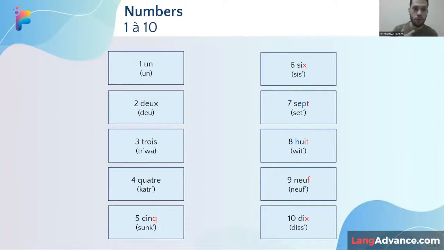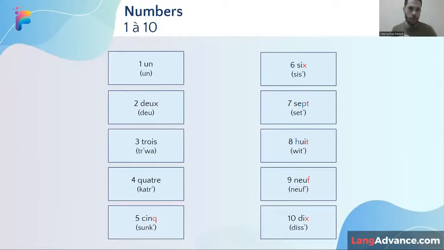So deux for two. Then we've got trois for three. Then we've got quatre, okay? So quatre is for four.